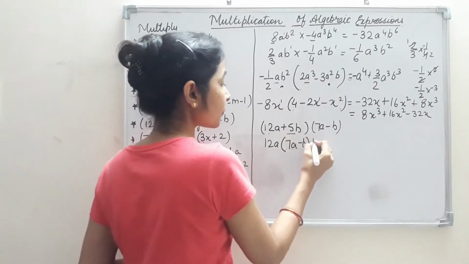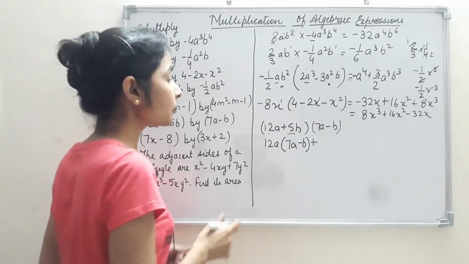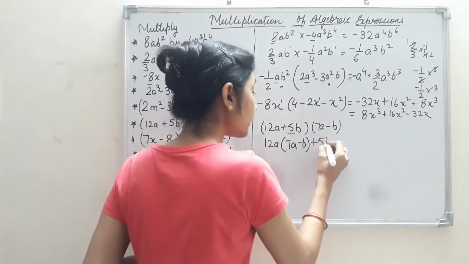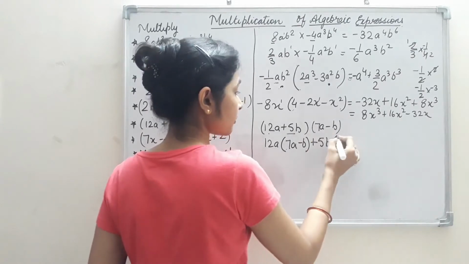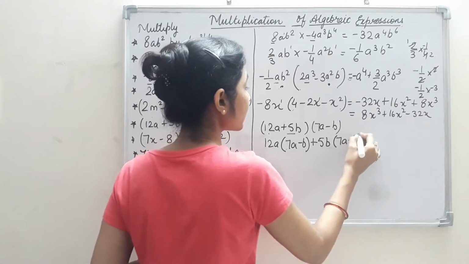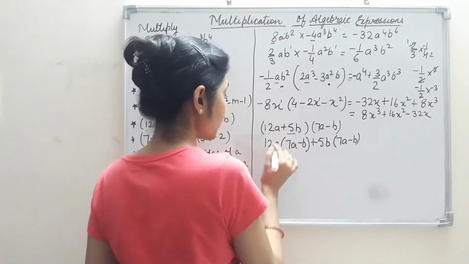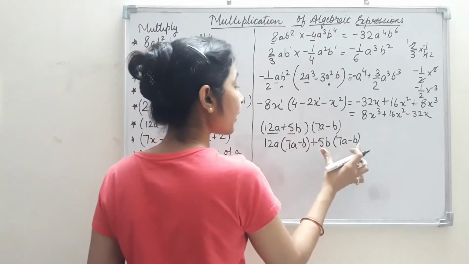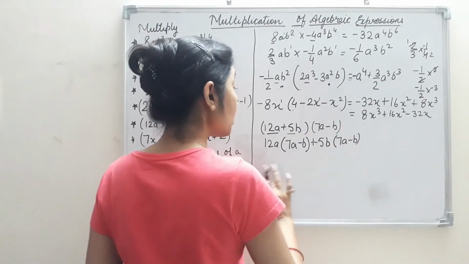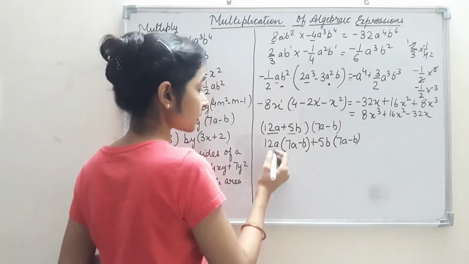Positive sign is there, so first I will put that sign there, write the term 5b, and then I write again the second expression, because each term of the second expression is to be multiplied by each term of the first expression. Now see, I have multiplied 12a by 7a minus b and 5b by 7a minus b. Okay, so I have multiplied each term of the first expression by each term of the second expression.